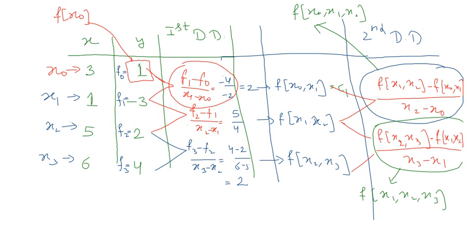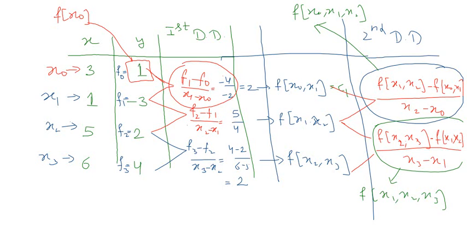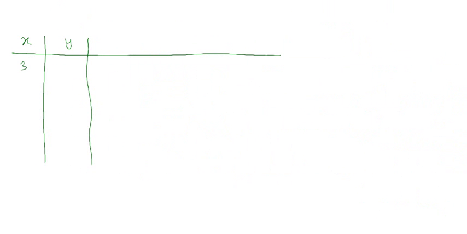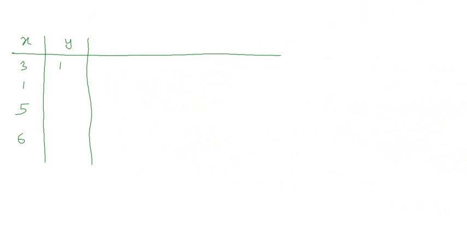So let's make a clear table here. This is x, this is y. You have 3, 1, 5, 6 and 1, minus 3, 2, 4.